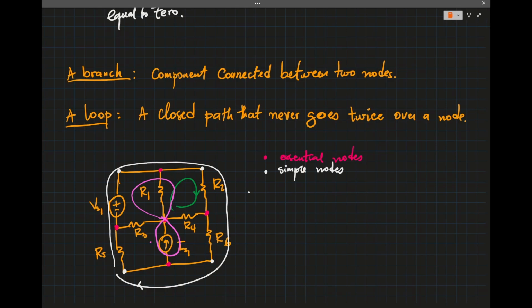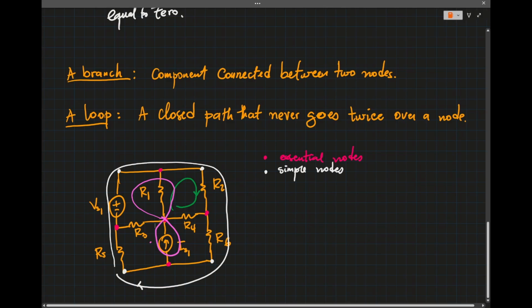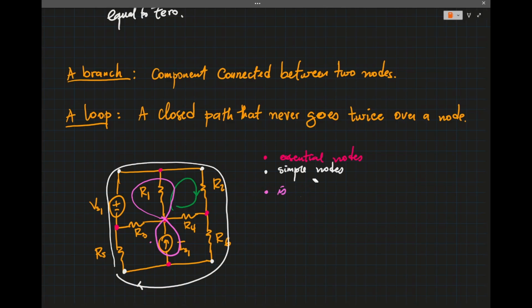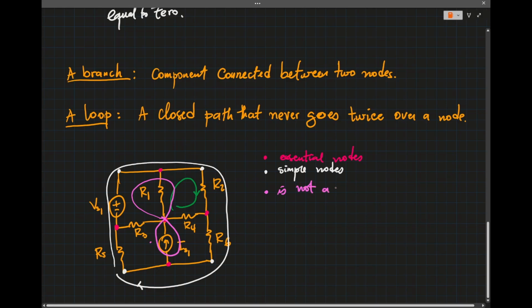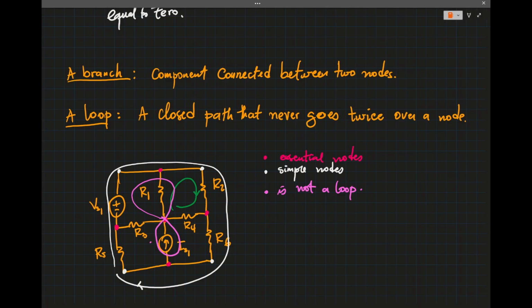So that is not a loop. So you leave a point and you come back to that point, but you cannot go through a node twice.